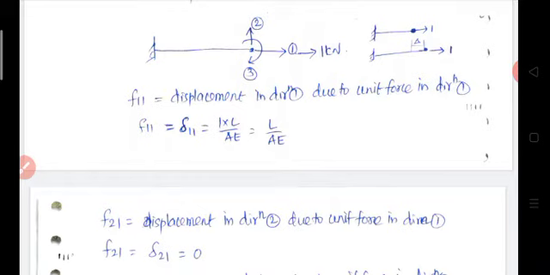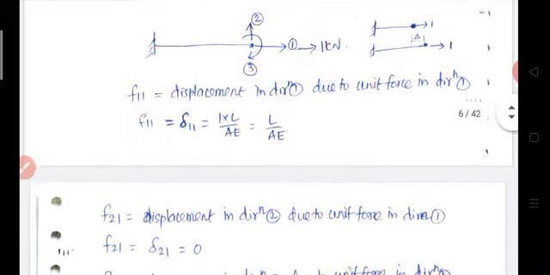So F11, also represented as delta 11, is equal to PL by AE. We already know the axial deformation of an axially loaded member is equal to PL by AE. In this case P is equal to 1, so 1 into L by AE. Therefore the flexibility F11 is equal to L by AE.